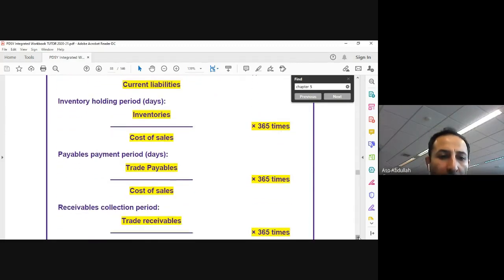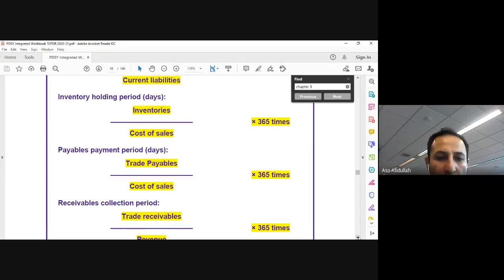In terms of payable, this relates to how long it takes to pay back your supplier. If you are purchasing goods on credit, you calculate the average number of days it takes to pay back your supplier.